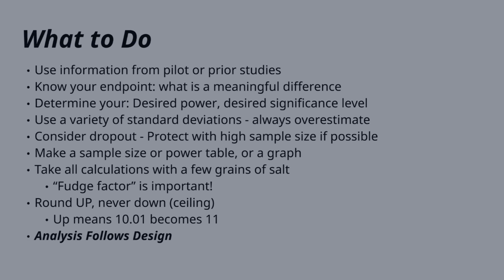Round up, never down. If you estimate 10.01 people per arm, that's 11 people. So instead of 20 people, you would need 22 people. And remember, if you have dropout, you could be down under 20 people very quickly, and then you're immediately underpowered. So always round up.